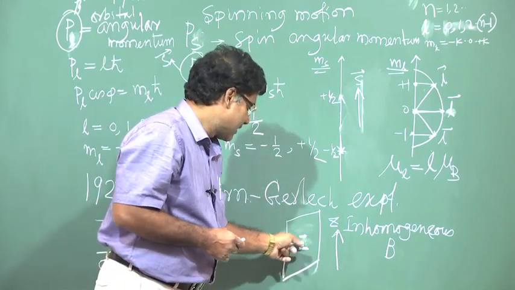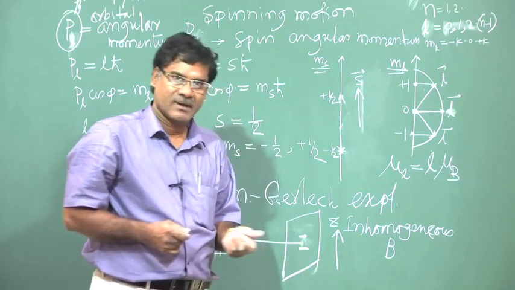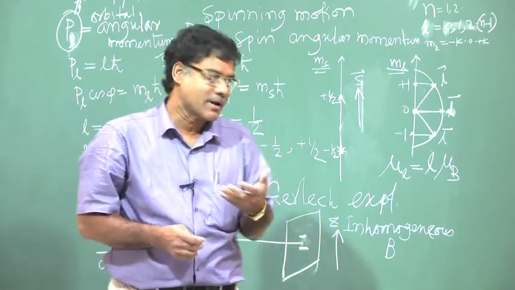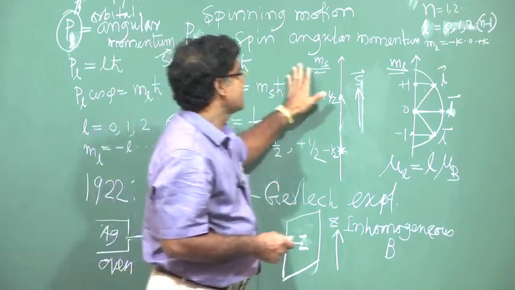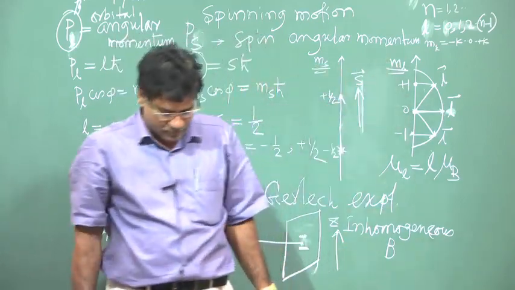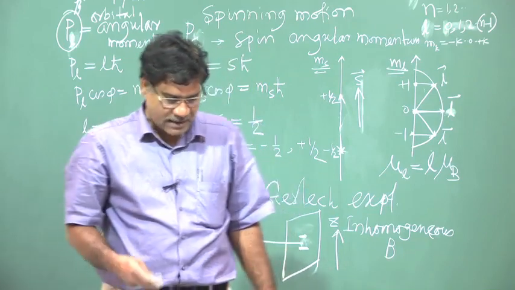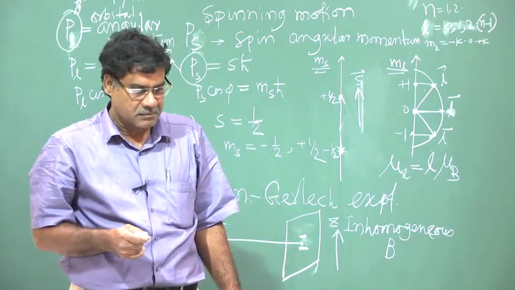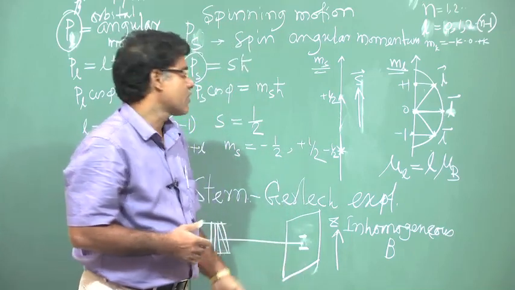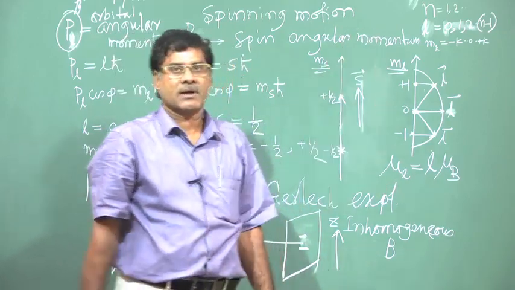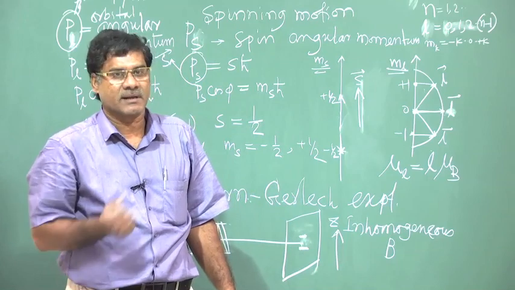But whatever the splitting was quantitatively, it was not matching with the theory, with space quantization. So that is the problem. Whatever splitting we are getting is not because of space quantization. So, something else.